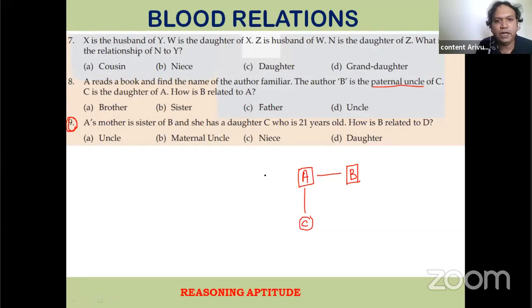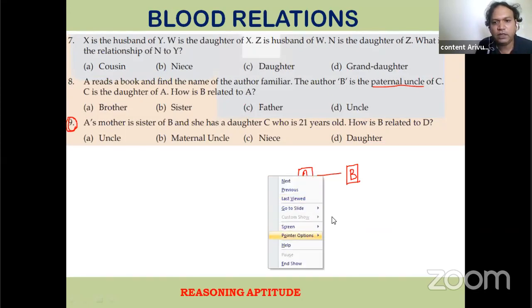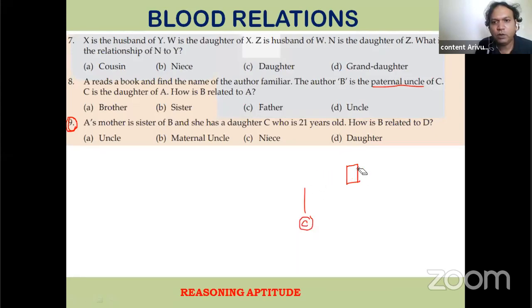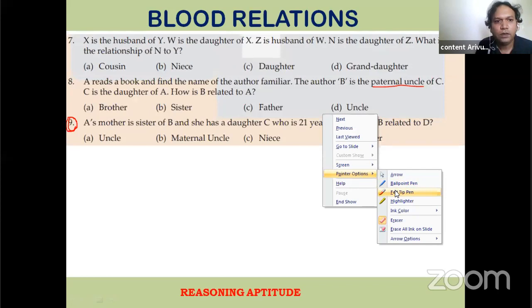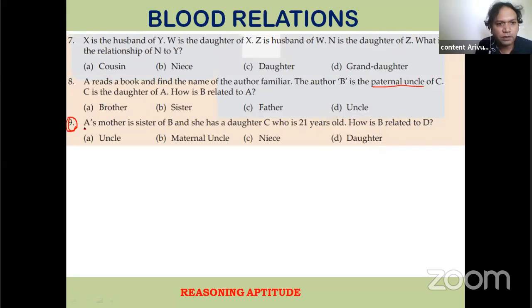Let's look at question number 9 now. Many of you have doubt. The reason you have doubt is because the question is wrong. So let me show you what is the problem with this question. Okay. A's mother is sister of B. So first of all, let's write here A. A has a mother. Her name we don't know right now, so just keep it empty here. Put a circle.